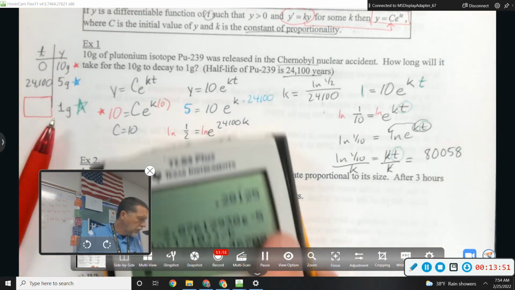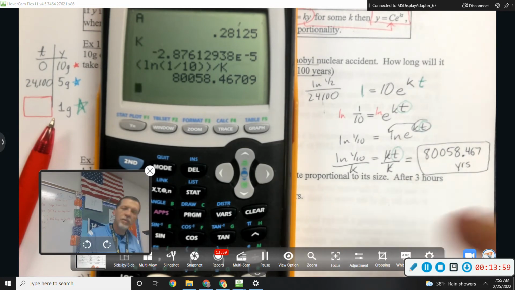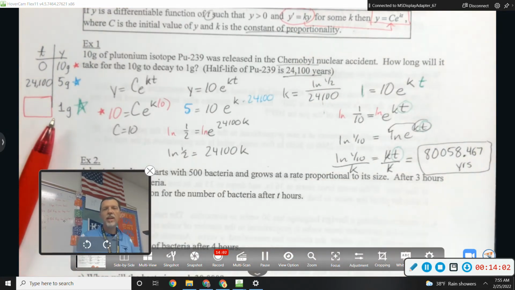Normally we round to 3 decimal places, so I guess we'll do that, even though that seems a little bit unnecessary for this problem. Like 80,000 years from now, do we care about an extra 0.467 years? Probably not.